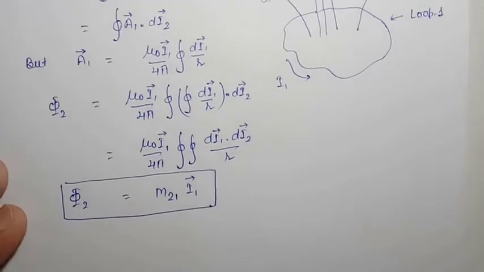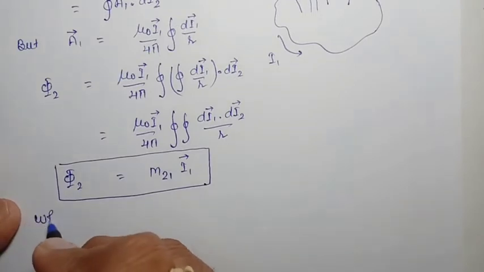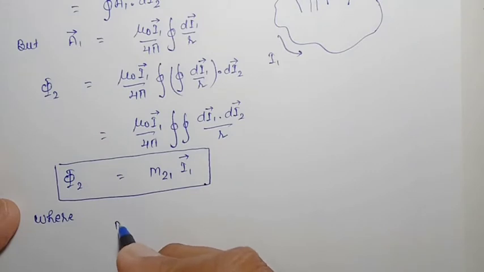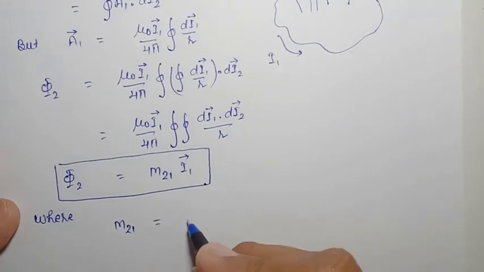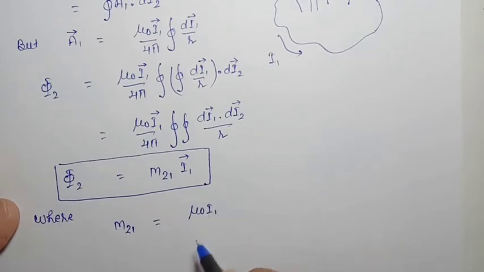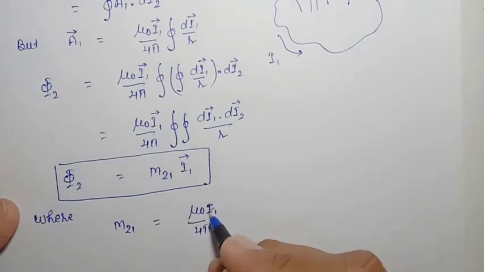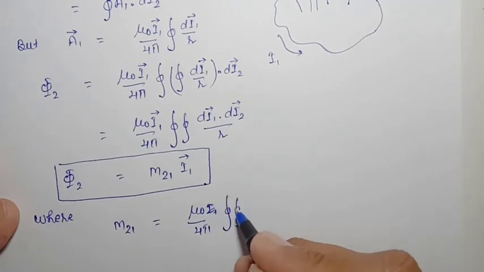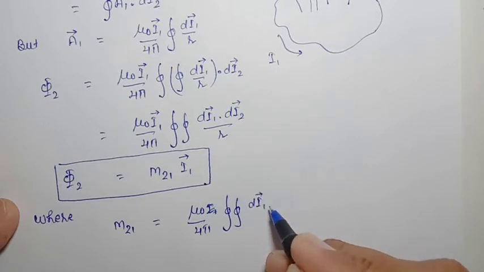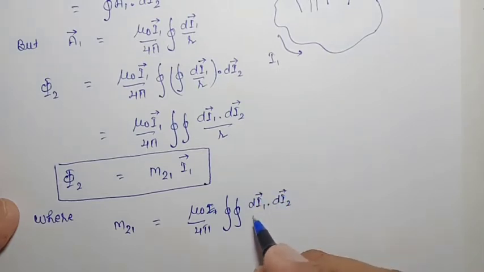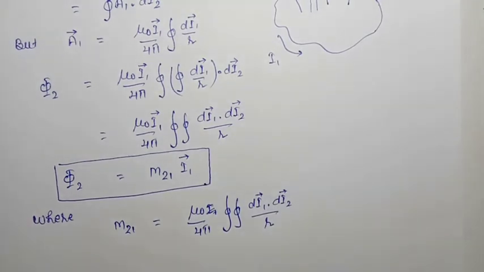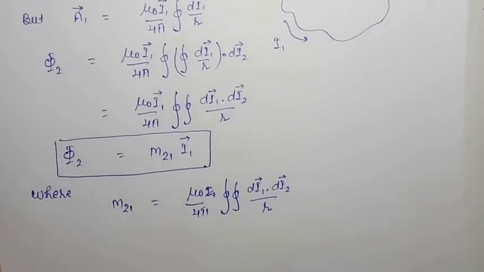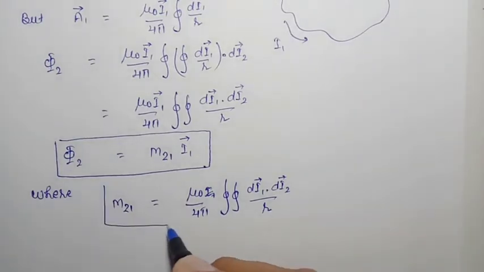So here M21 is equal to mu naught over 4 pi and the double integral of dl1 dot dl2 over r.